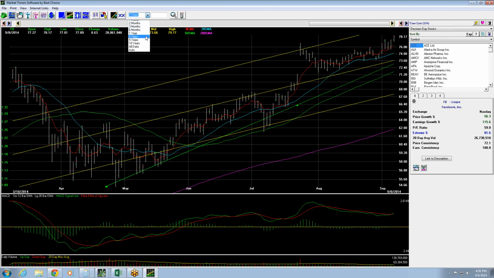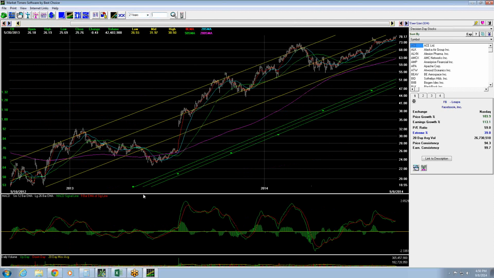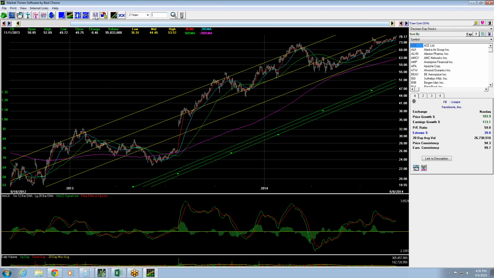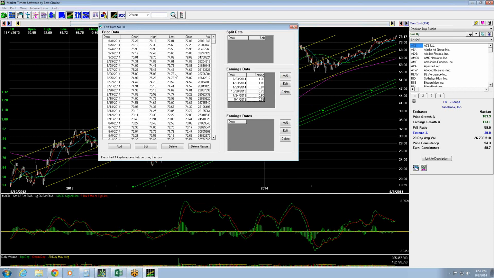If you look at this 2-year growth, and by the way, most of the stocks, folks, that I'm going to talk about, especially when I show these 2-year charts with earnings, I have gone in and manually updated the earnings to reflect exact accurate earnings and exact date, because they're not always accurate with Best Choice, if anybody knows that.